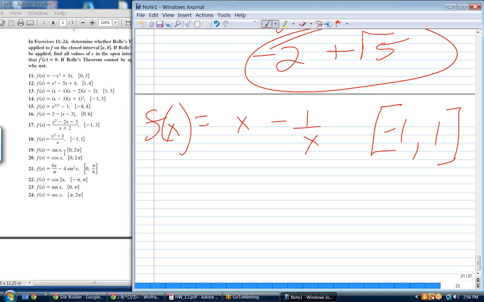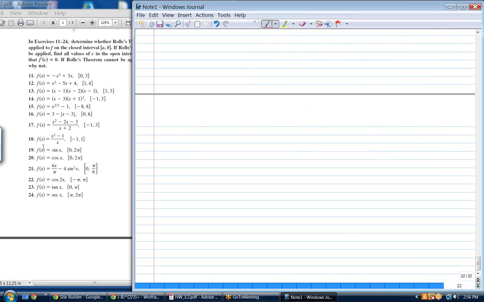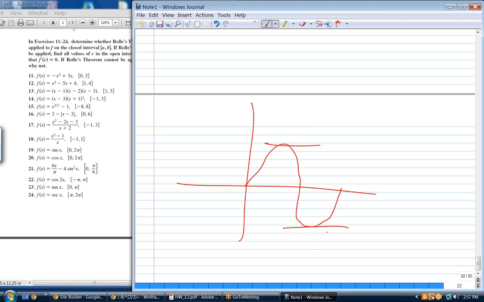How about 19? We've done 19, we've done 20. Let's look at a harder one. In other words, 19, clearly Rolle's theorem applies. Clearly there are 2 humps, there's 2 right there and right there.